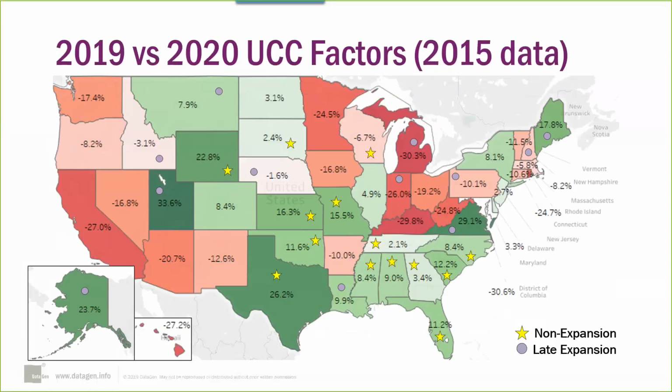When looking at the difference between the uncompensated care factors, the 3-year with 2 years of S10 and 1 year of the traditional, versus the 1 year of 2015 in 2020, you do see some major fluctuation in the distributions for each individual state.